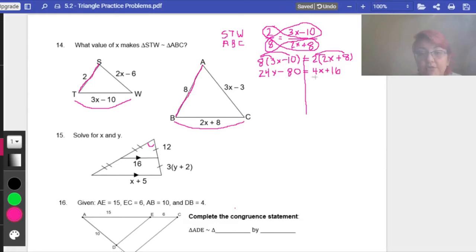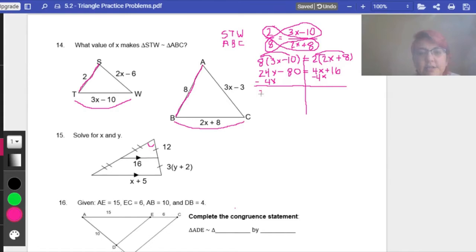Now I'm going to subtract 4x from both sides so that I can get all my x's together. I don't know if we've mentioned that it is the subtraction property of equality that allows you to do that. Basically, that says that if you have 2 expressions that are equal to each other, if you subtract the same thing from both sides, the expressions will remain equal.